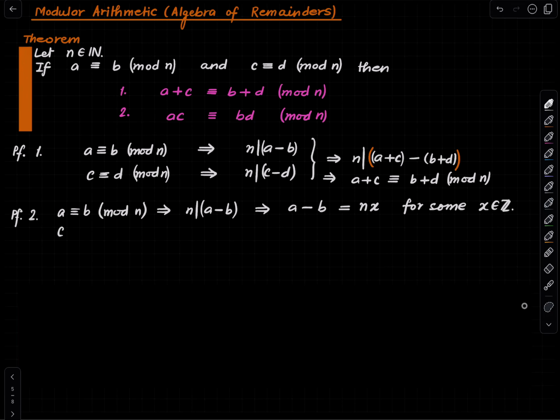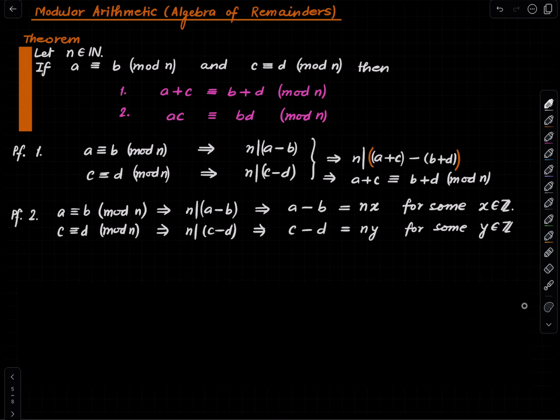And similarly, since we are given that C congruent to D modulo n, we get n divides C minus D by definition, which means C minus D is equal to ny for some integer y.